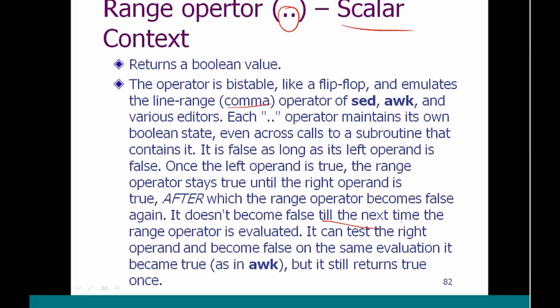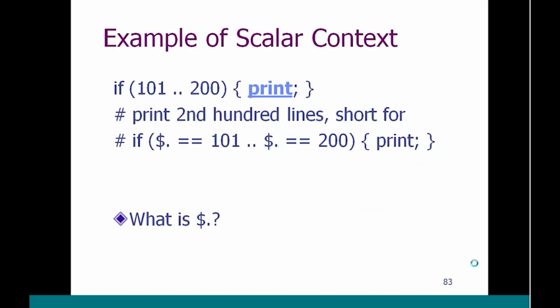So it can test the right operand and become false on the same evaluation, and it becomes true, but it still retains the true at least once. So these are all a big set of rules. Let's see an example, because that pretty much gives us how this command works.